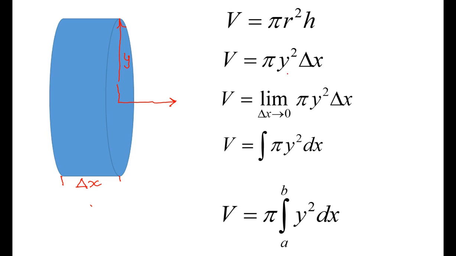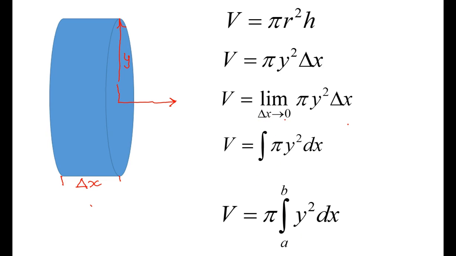So substituting the value of y for radius and delta x for height, we end up with volume equals pi y squared delta x. Now, as we have an infinite number of cylinders, delta x will approach 0, so we can apply the limit.